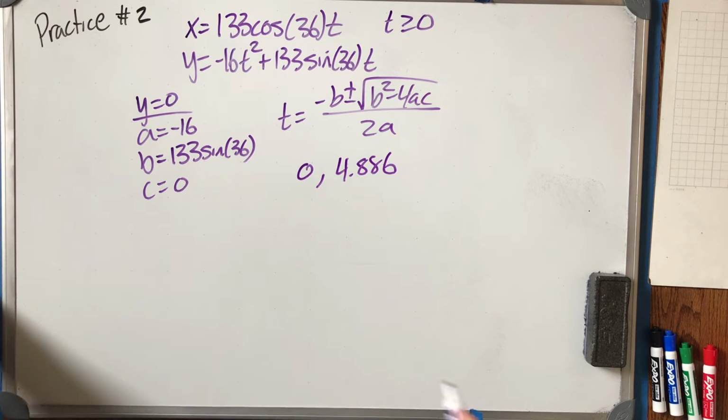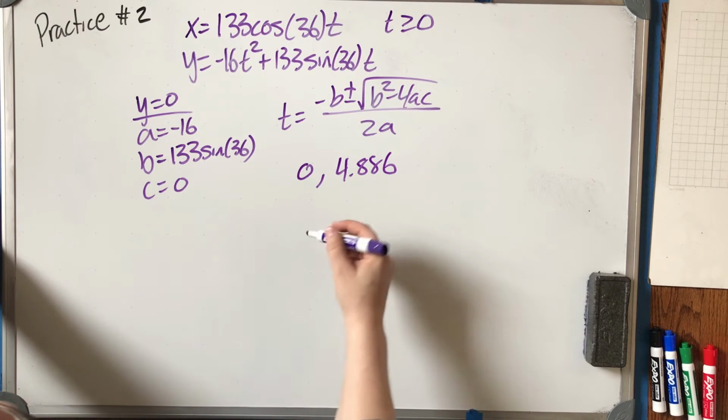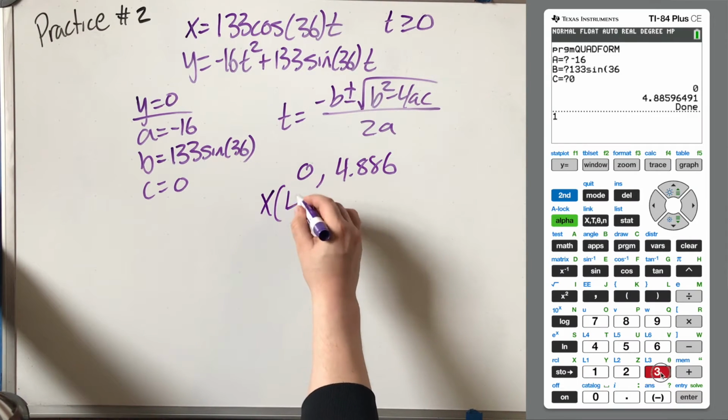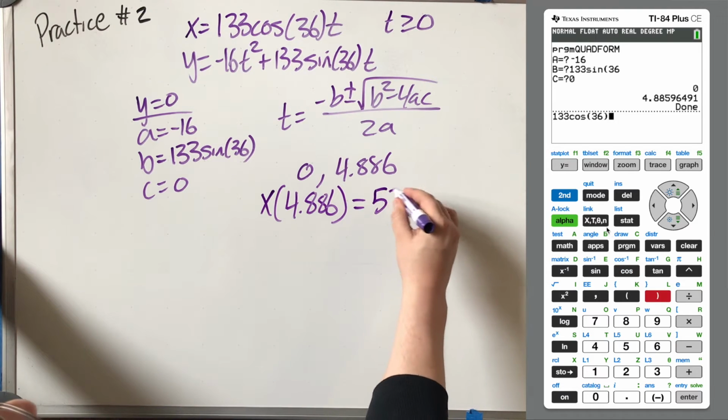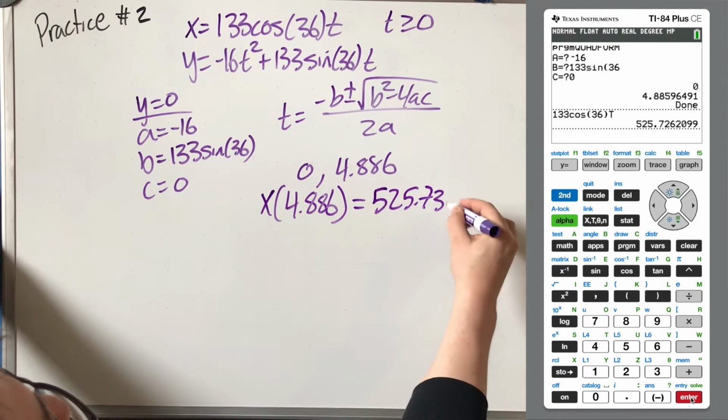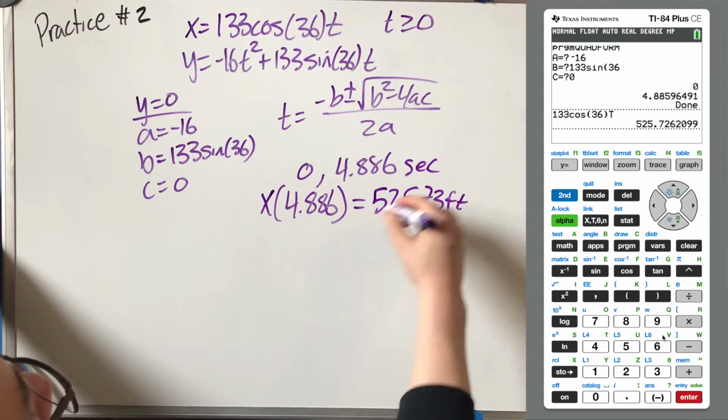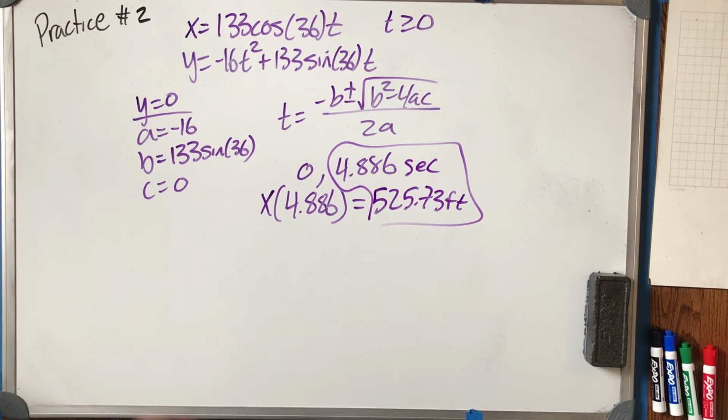I'm just going to plug that into the x equation to see where that actually is. Using the stored value in the calculator, there we go. At 4.886 seconds, it will have traveled 525 feet.